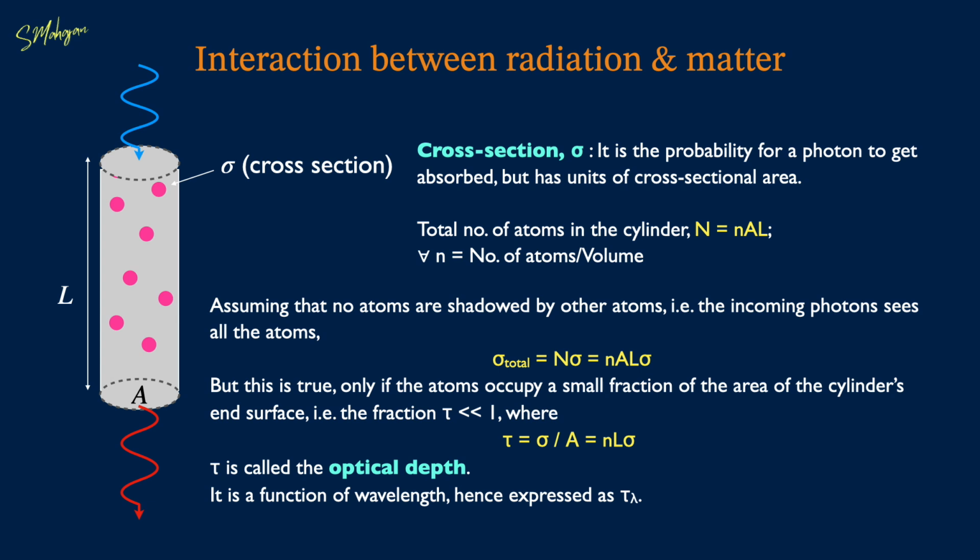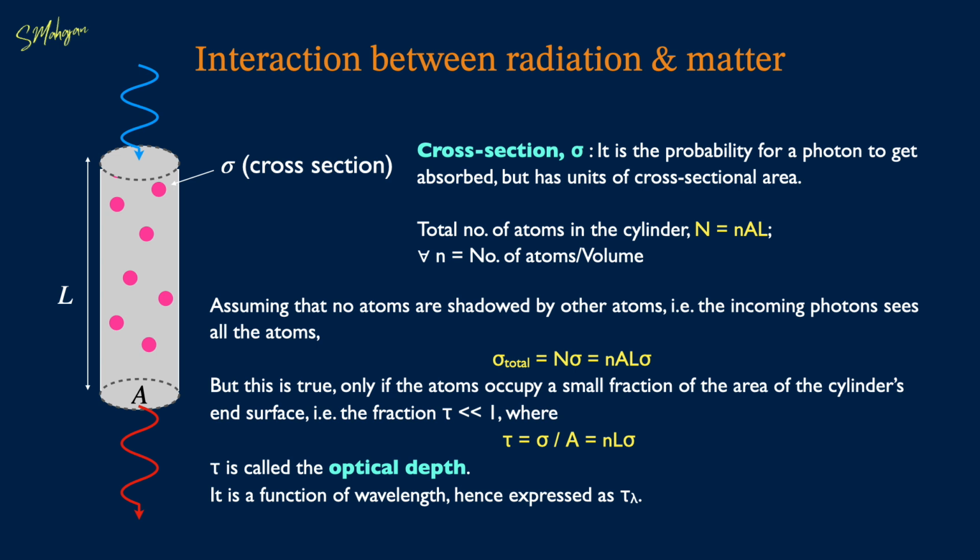The volume of this cylinder is given by the area of the face multiplied by the length of the cylinder L. If the cylinder has small n number of atoms per unit volume, then the total number of atoms in the cylinder, given as capital N, will be equal to nAL, and as a result, the total cross-section or the total probability of an incoming photon to be absorbed is given by the quantity nAL times sigma.